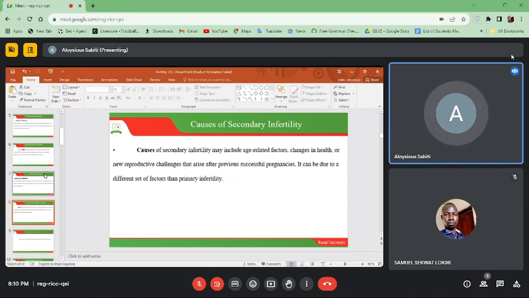So issues like age, or a change in health, where you may realize someone has high blood pressure, and because of such cardiovascular problems, they may not be able to carry a birth to term, because the challenges associated with cardiovascular diseases mean they may not be able to successfully deliver a live baby.